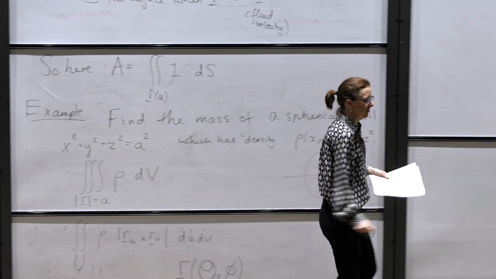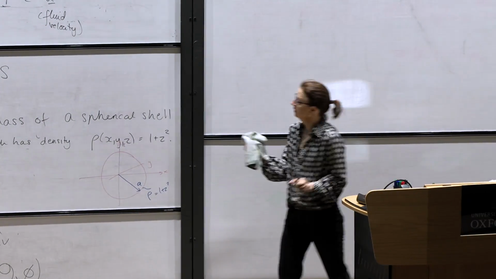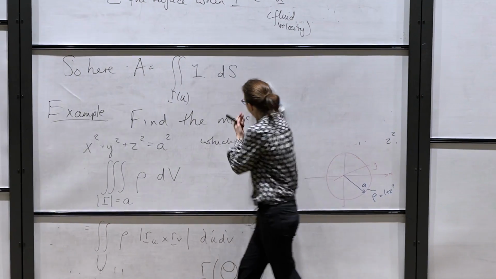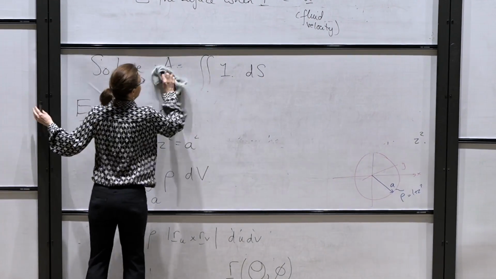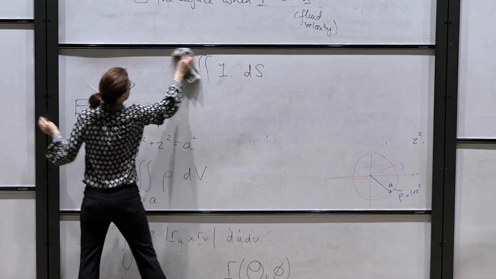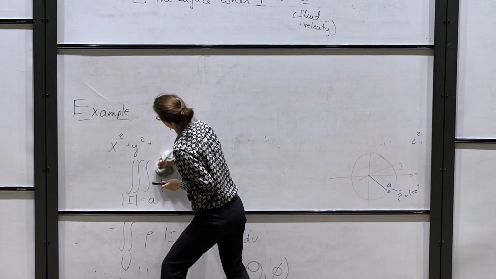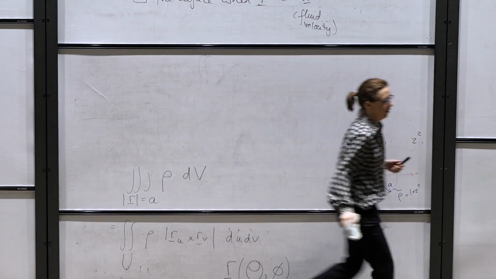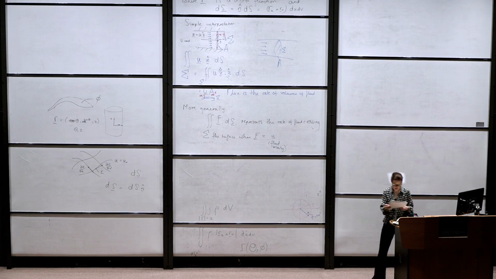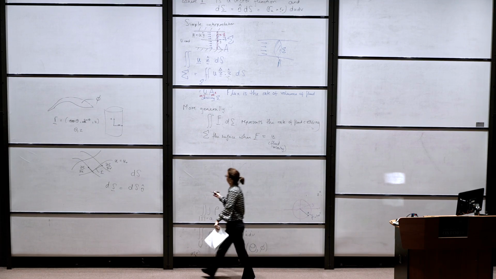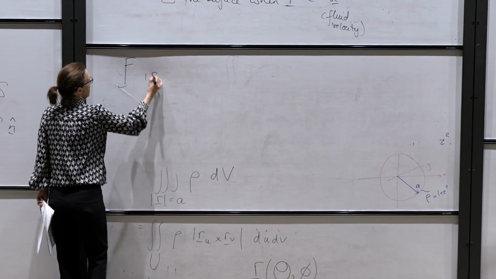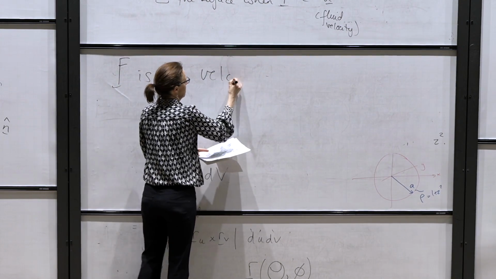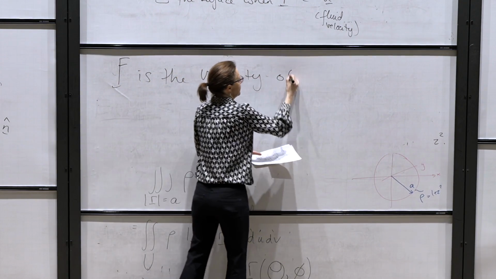Okay, so now let's suppose we have something a bit more complicated. So taking those ideas and extending a little bit. So let's suppose again, say F is the flow of a fluid, or the velocity of some fluid.